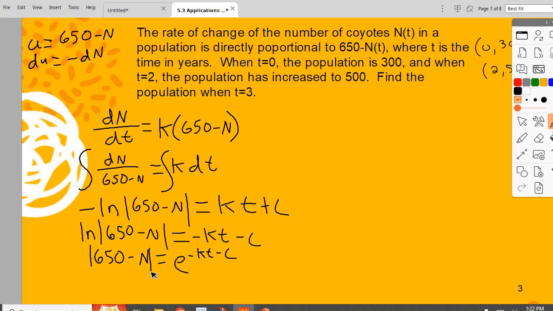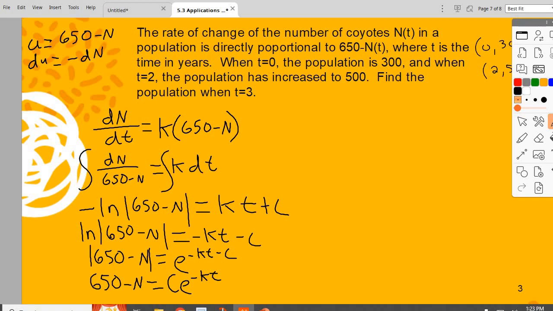What would we probably do first? What have we done with the C in the past? We brought it to the front. And because that C can be positive or negative, we can just drop our absolute values at that point.